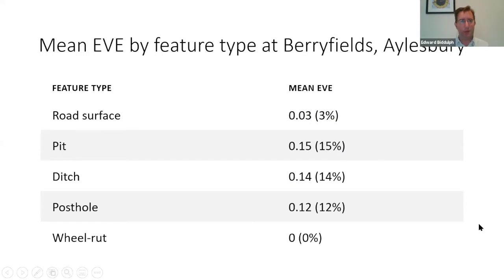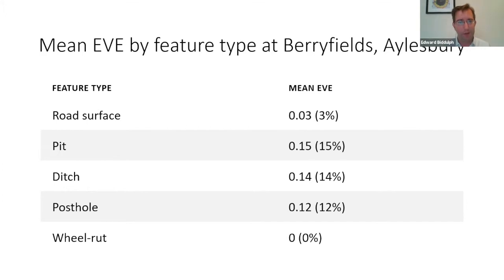So now let's look at our feature types, and you can see this road surface. It was right at the top before. Now you can see that it's actually not quite as well preserved as the mean sherd weight suggested.